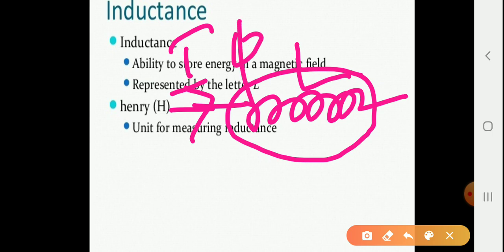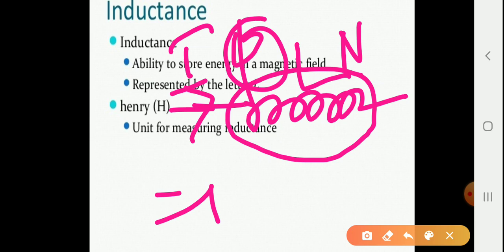The flux phi links each of the N turns. The flux linkage is defined as the product of the number of turns and the flux phi linking them. So the flux linkage is equal to N phi.